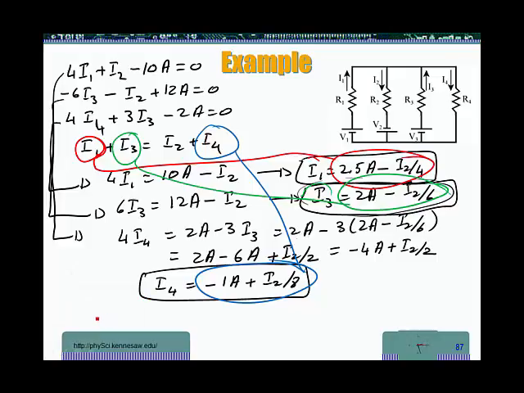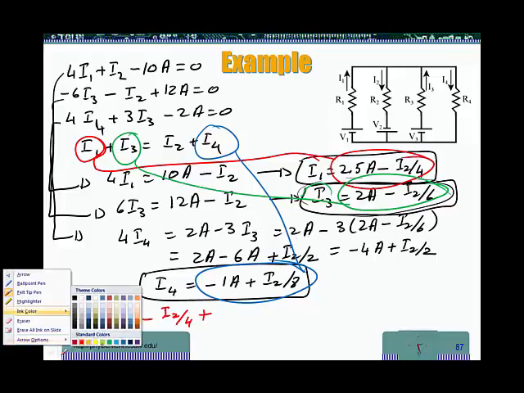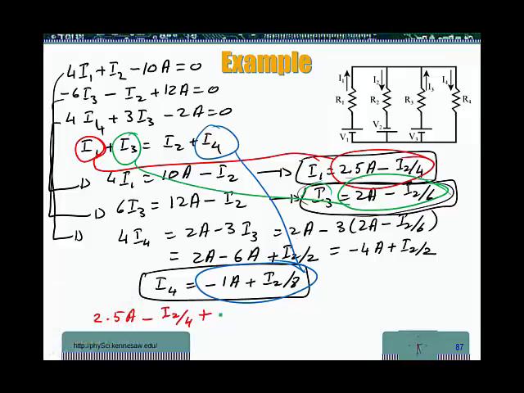I1, that's going to be 2.5 amps minus I2 over 4, and then plus I3. I3, I'm going to use green for that, so that's going to be 2 amps minus I2 over 6.